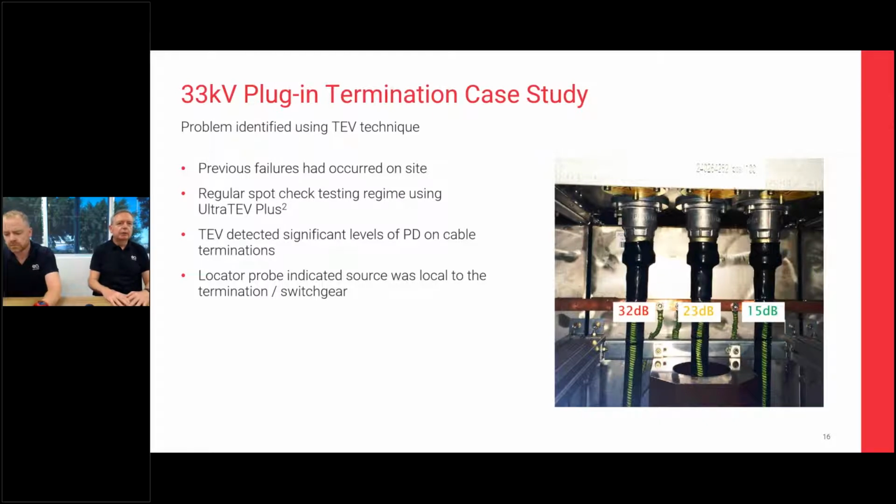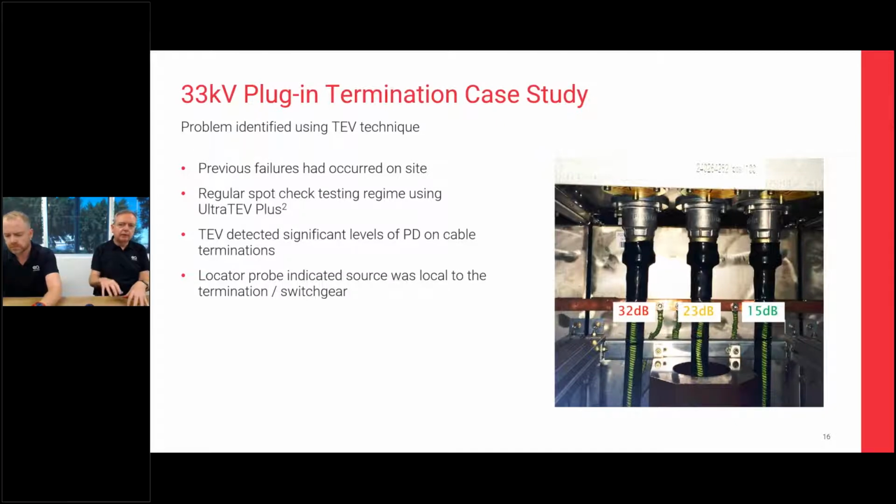What you can often find is that you get a type defect occurring in the locality, caused by maybe the jointer not being 100% familiar, or doing the incorrect procedure joint after joint. So what we often find is that you'll get a cluster of events around a particular area. This is one of those situations.